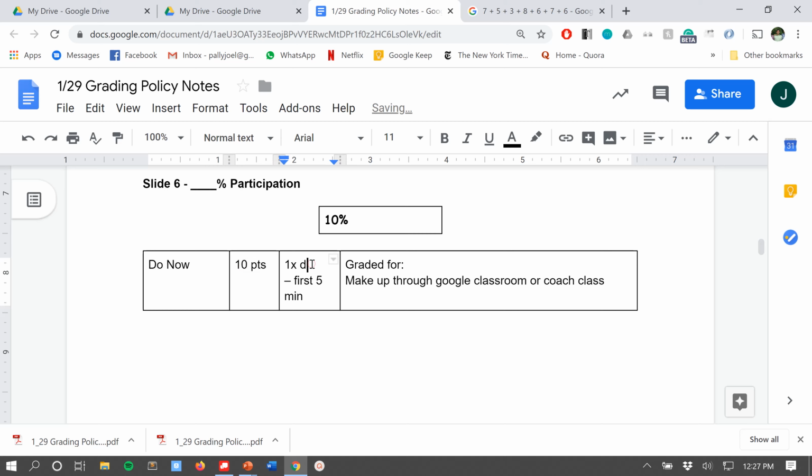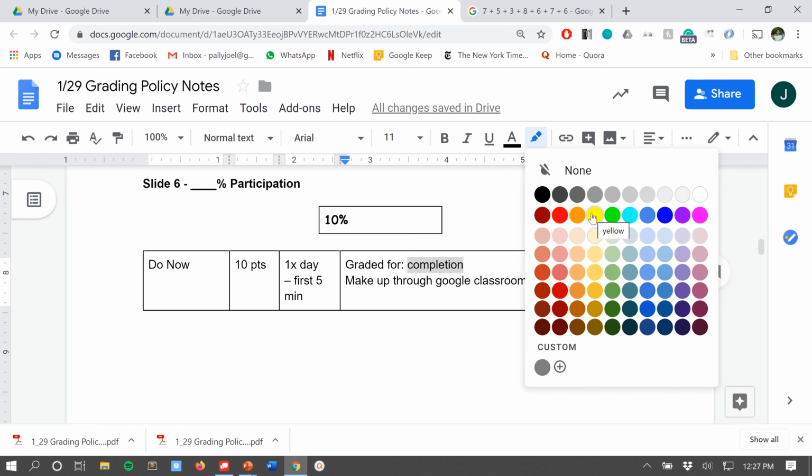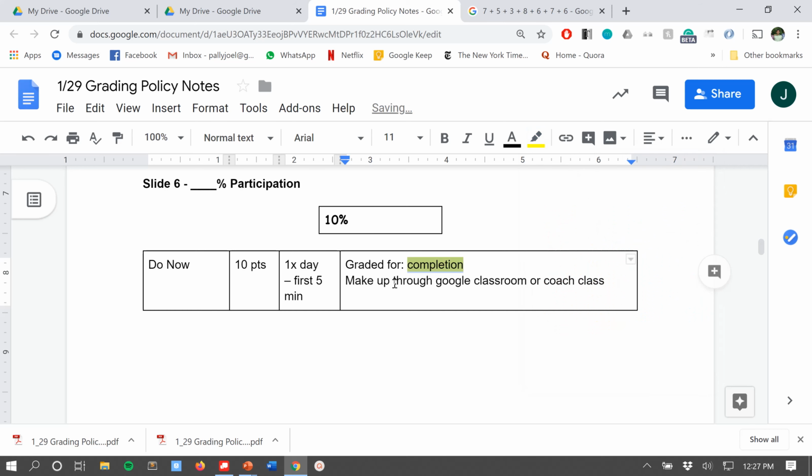They happen once a day for the first 5 to 10 minutes of class. They can be graded for completion, so it doesn't matter whether you get the do now questions right. It's more whether you participated and actually completed the assignment. So do nows are graded for completion as opposed to assessments, which are graded for correctness.